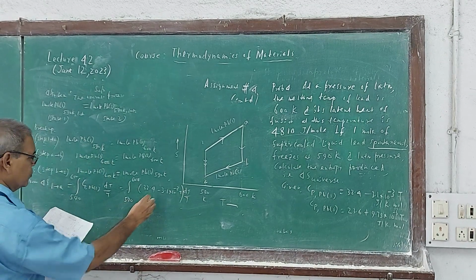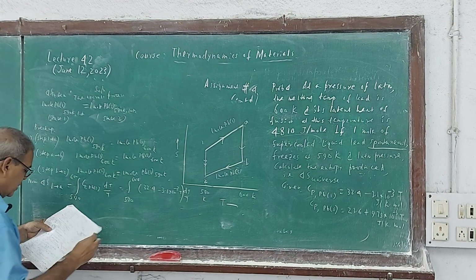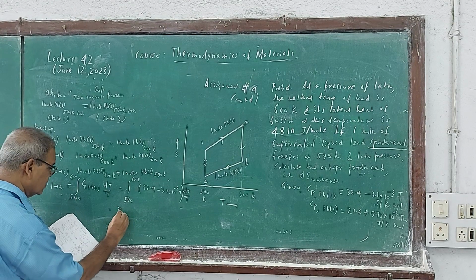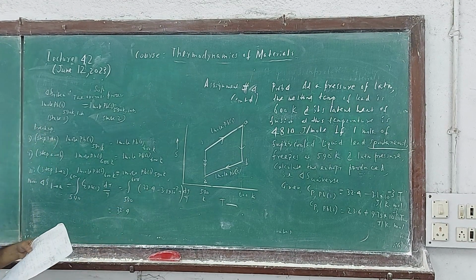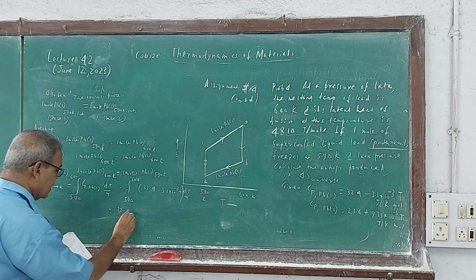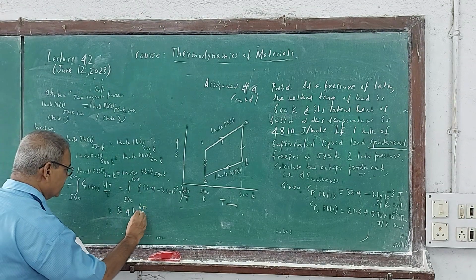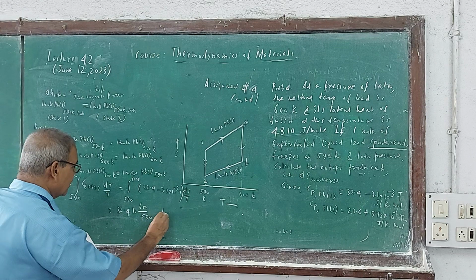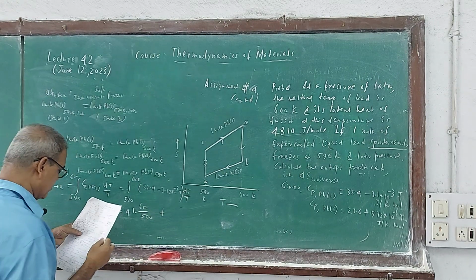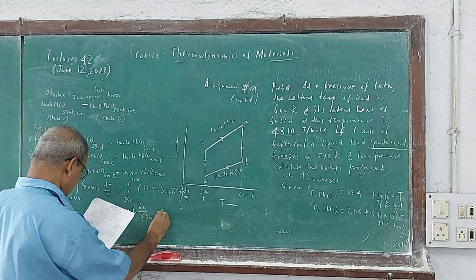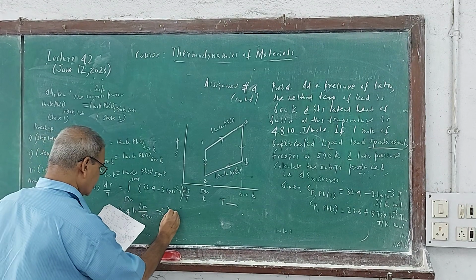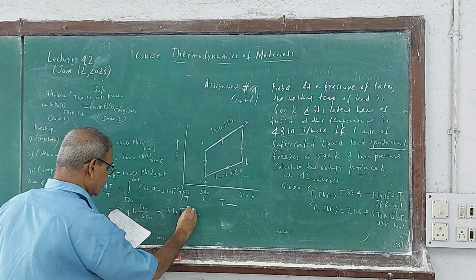You know the integration of dT by T is ln T. So 32.4 ln 600 by 590 minus 3.1 times 10 to the power minus 3.